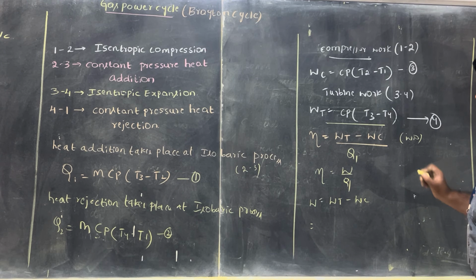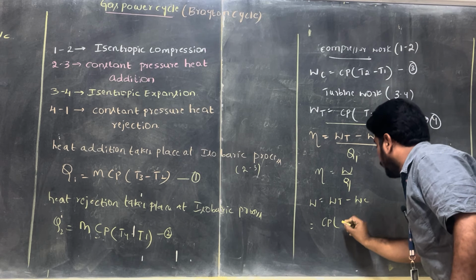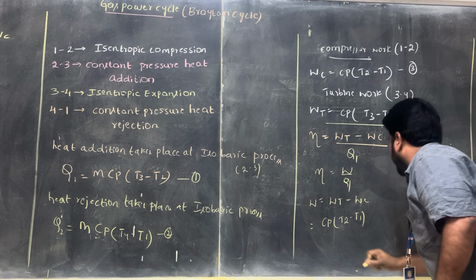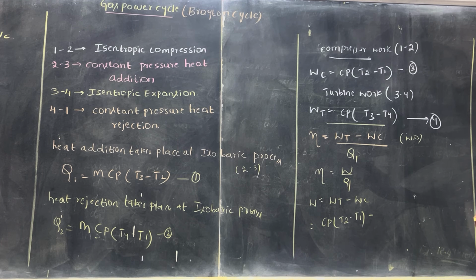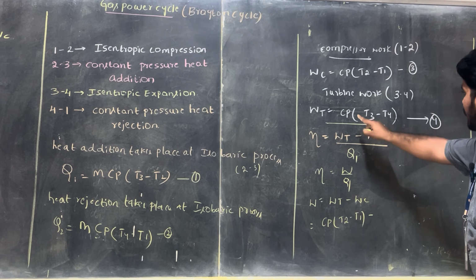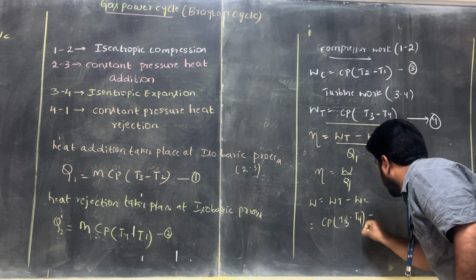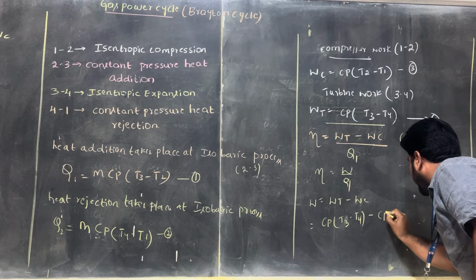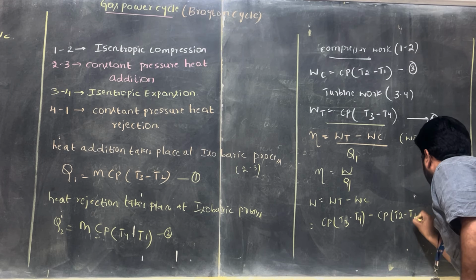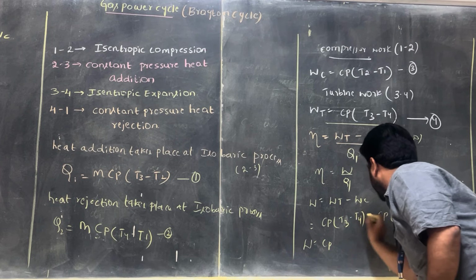The turbine work is Cp (T3 minus T4), minus the compressor work, which is Cp (T2 minus T1). So now W is equal to Cp, and I will take Cp common here.